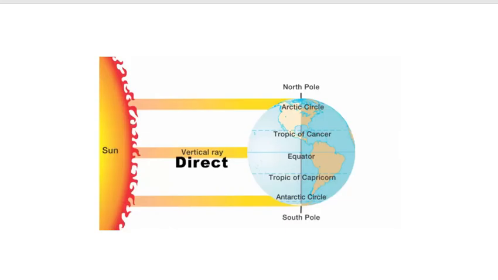In this diagram, we can see the equator receives the maximum amount of sunlight, whereas the Tropic of Cancer and Tropic of Capricorn also receive most of the sunlight. As there is no Coriolis force at the equator, we do not get any cyclones in the equatorial region.